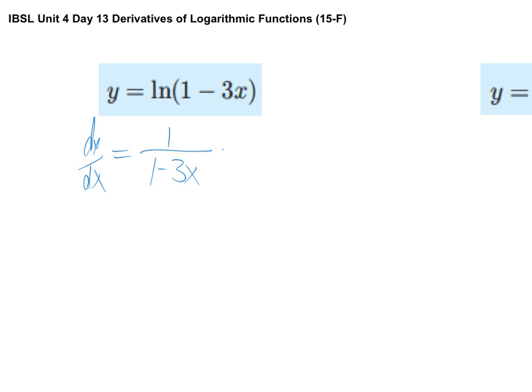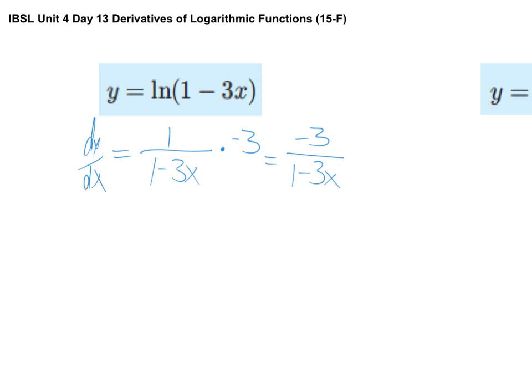But then I have to multiply by the derivative of the inside, which is negative 3. So this is negative 3 over 1 minus 3x. So the ln doesn't play a part in this? Well, it does in the fact that we get 1 over. That's where the 1 over thing comes from. But we will not have an ln in our final answer. So that's not too bad, right?